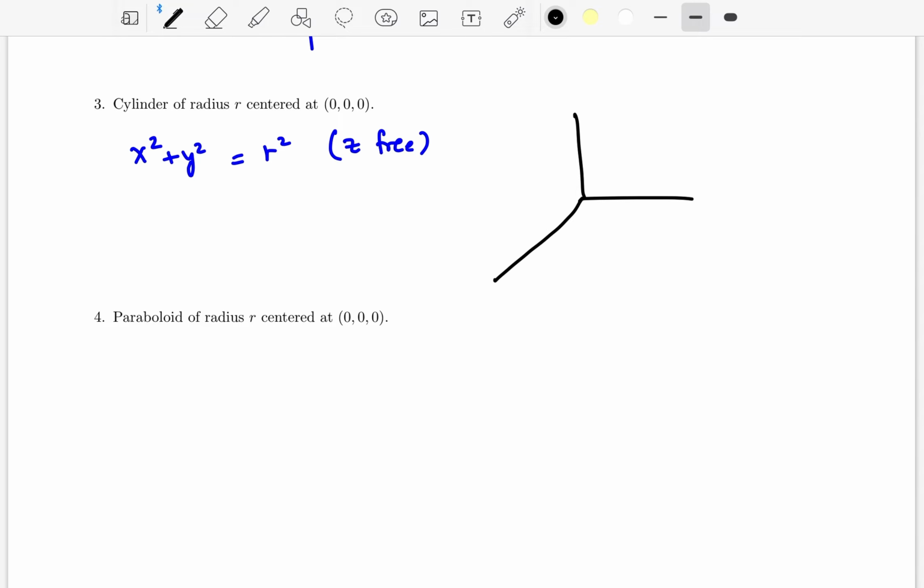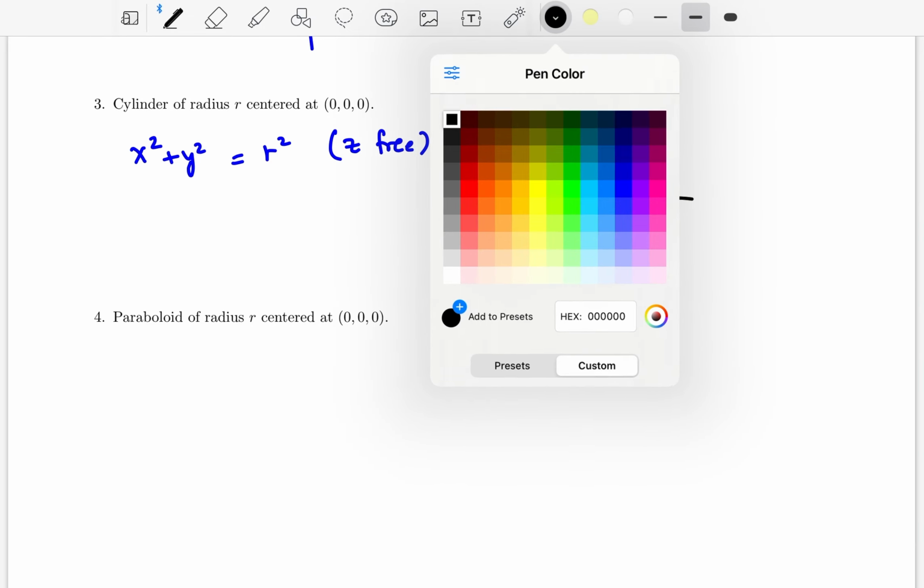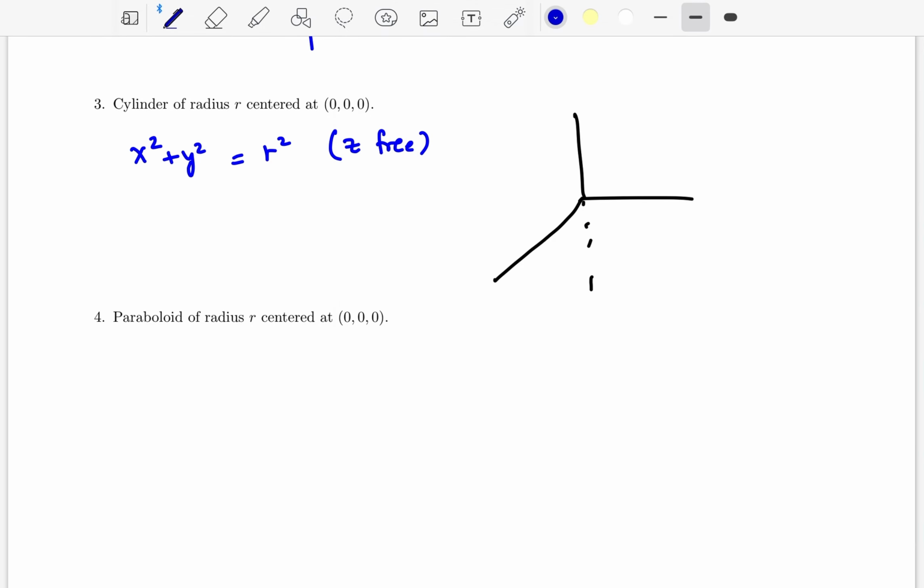This is how you end up with a little cylinder of radius r, when you have all your circles at all the different heights. So z could be anything, but this is still r.